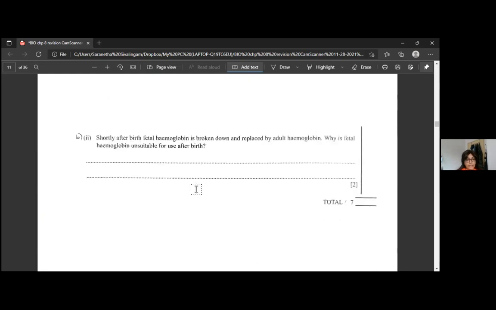And this question: shortly after birth, fetal hemoglobin is broken down and replaced by adult hemoglobin. Why is fetal hemoglobin unsuitable for use afterward? So as we know, the fetal hemoglobin has a way higher affinity for oxygen than the adult hemoglobin. So that is the first point.